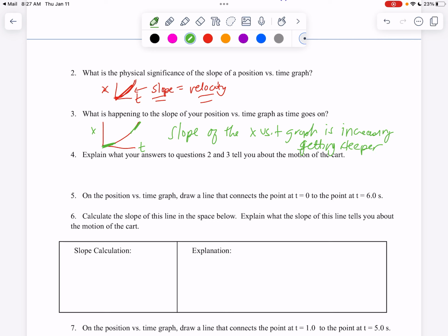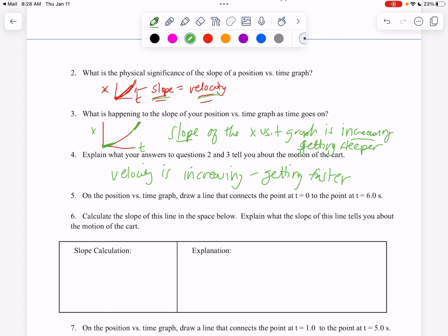All right, so if I know that the slope is velocity and the slope is increasing, therefore I can say the velocity is increasing, meaning this cart is getting faster as it rolls down the hill. Okay, now, that's kind of qualitatively how to explain it.